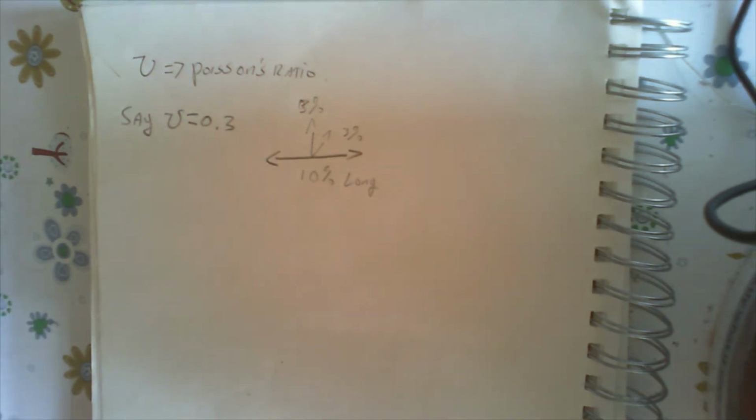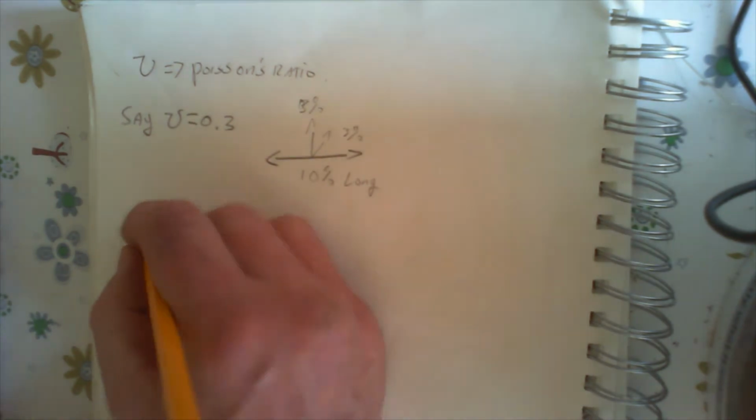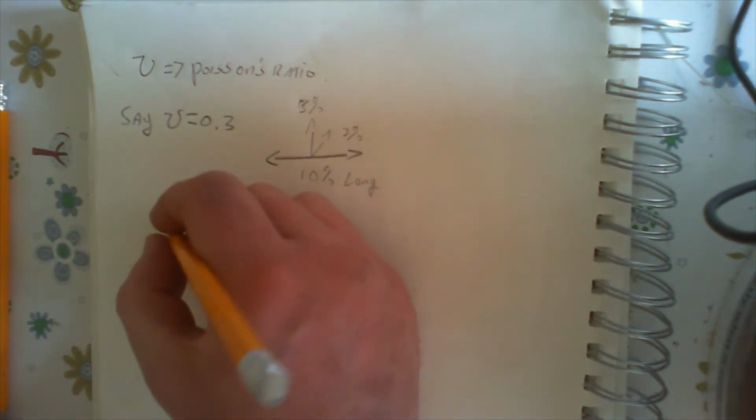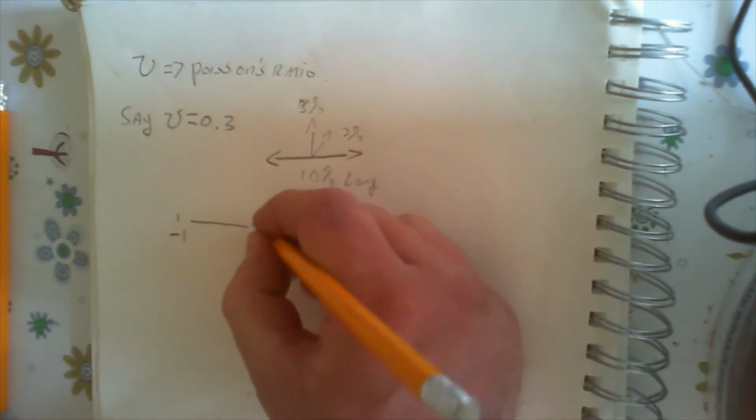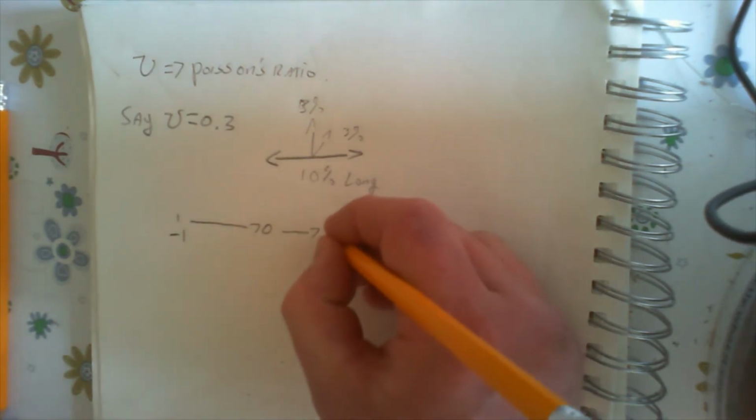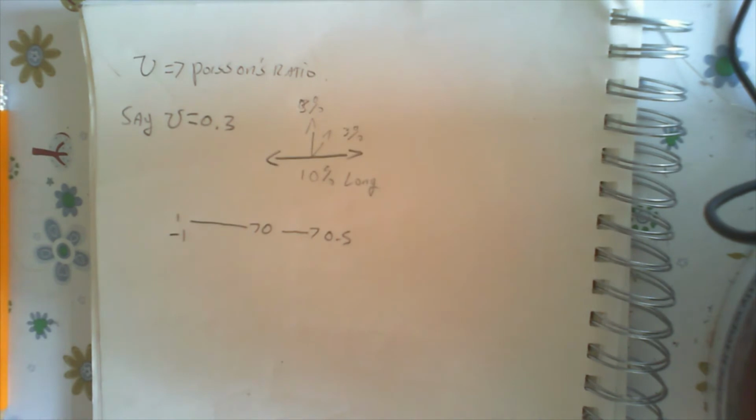And so let's have a look. Once you do all the figures for certain materials, you test them out, and it gives you values for this Poisson's ratio. Poisson's ratio ranges from -1 to 0 to 0.5.